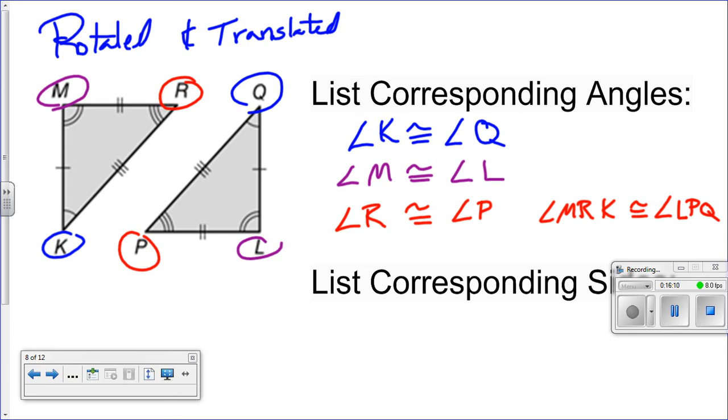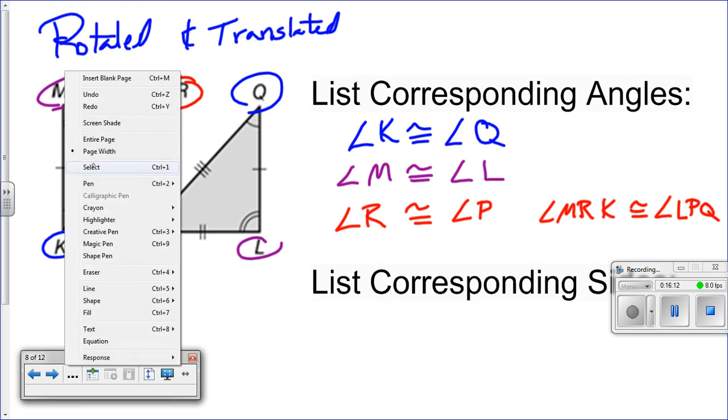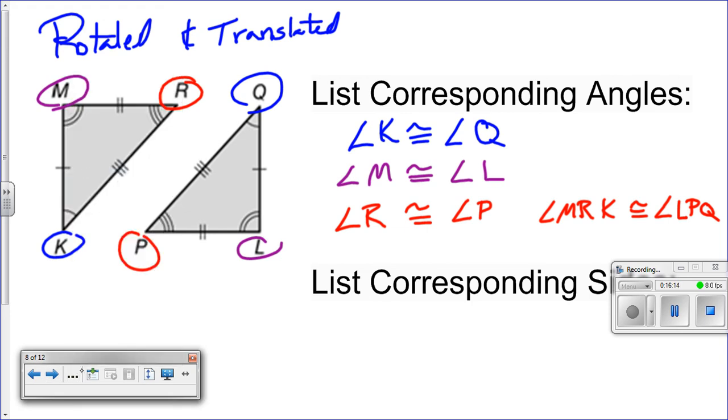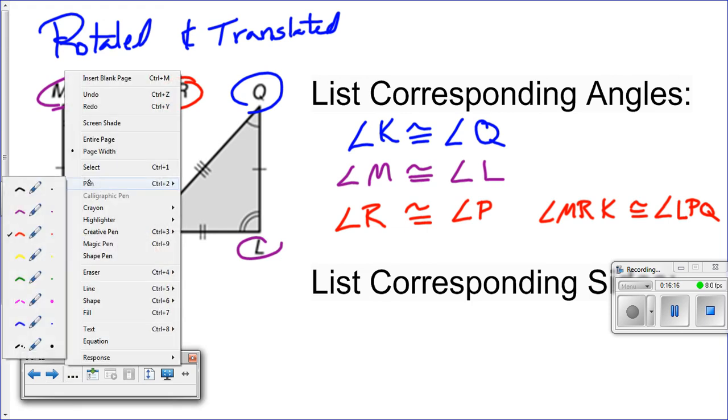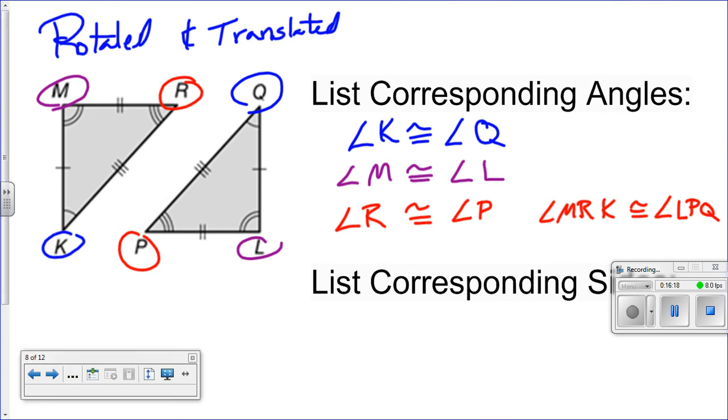Alright, corresponding sides. Let's take a look at our corresponding sides. Let's go with this side right here. So line segment MK is congruent to line segment. Gotta watch my order. I started with M, so that means I gotta go with the L. So line segment LQ.